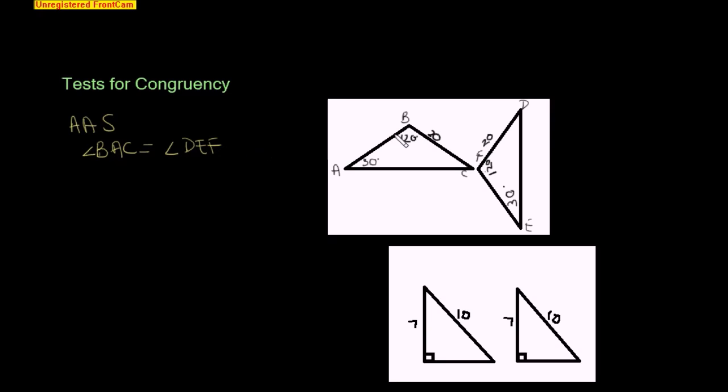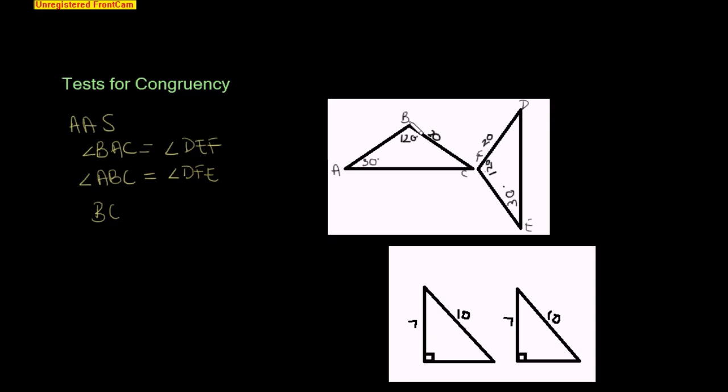This angle here, the 120 degrees, is called ABC. So that angle ABC is equal to this angle here, DFE. So we've got two angles, and now we need a side. This side here is called BC, because we label sides by what vertices they run between.